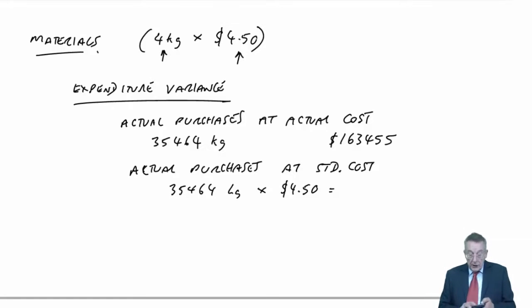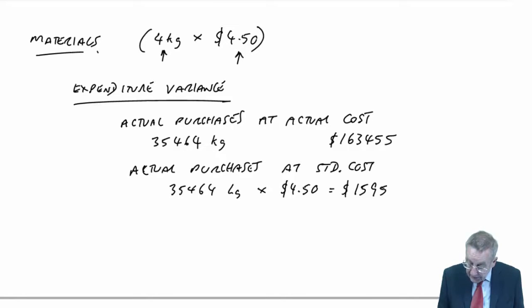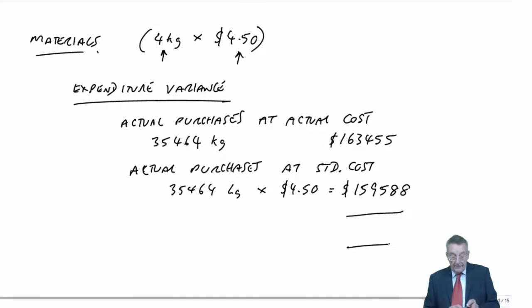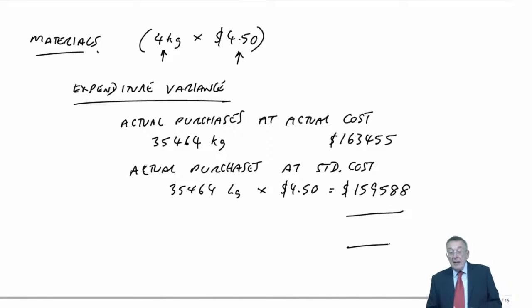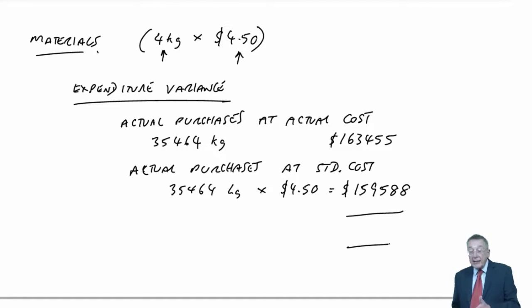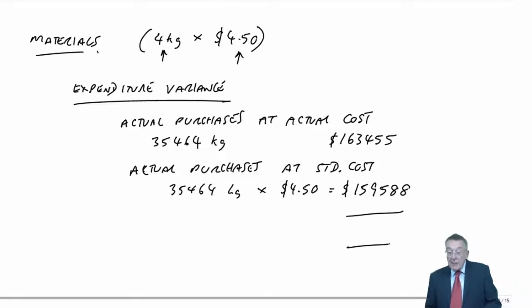And so we should have paid 35,464 times $4.50. We should have paid 159,588. Sorry, I'm just checking my own arithmetic. Yes. So that's what we should have paid. Have we paid the right price? We actually paid more.